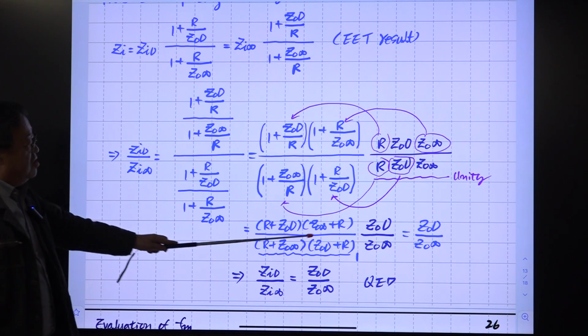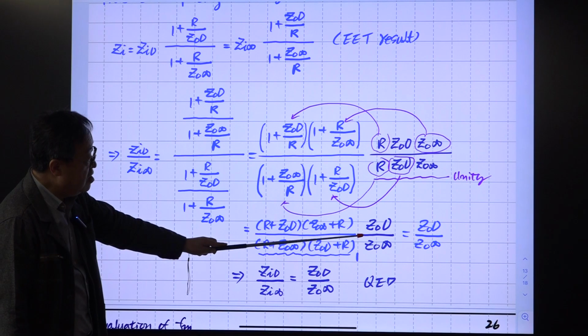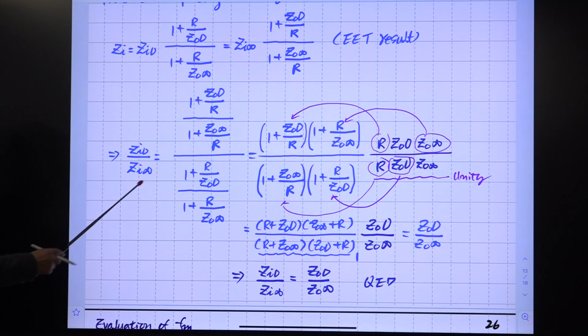Then you have this, they cancel, all right? The remaining is this. So this ratio is the same as this ratio. So this is the reciprocity property, all right? Maybe this is best used in deriving this relationship, okay?